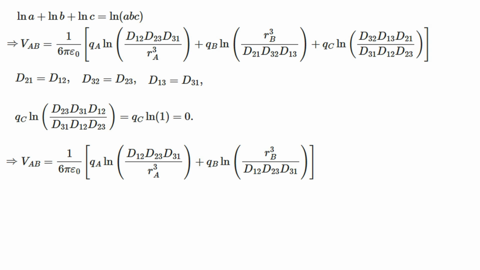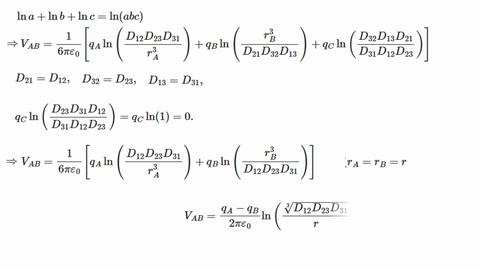Now, if all the conductors have the same radius, that is, RA equals RB equals R, then we can write VAB equals QA minus QB divided by 2 pi epsilon 0 multiplied by the natural logarithm of cube root of D12 into D23 into D31 divided by R.